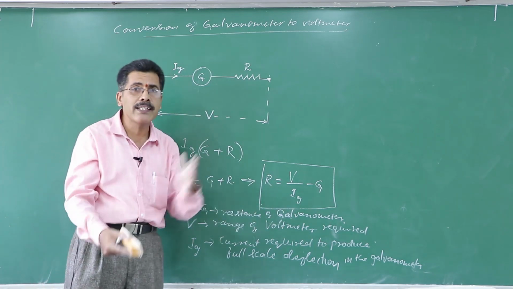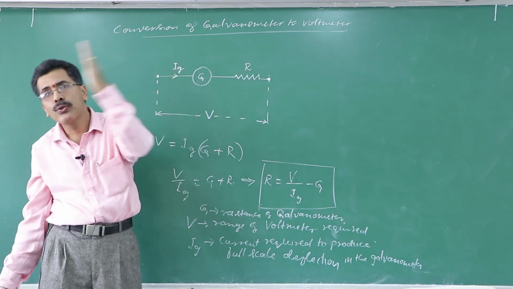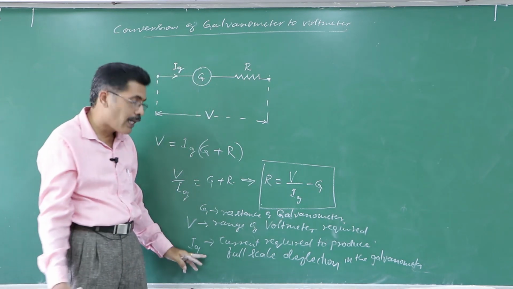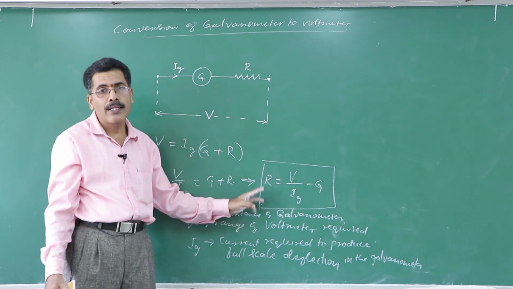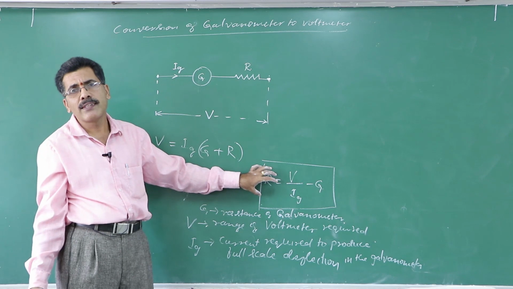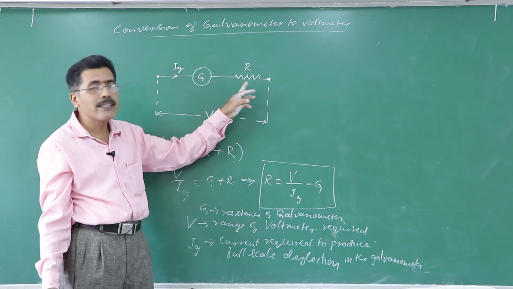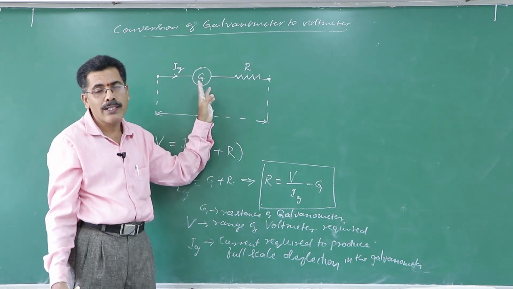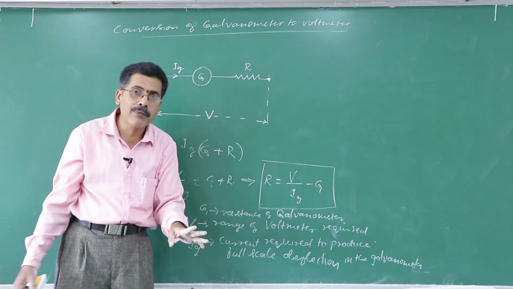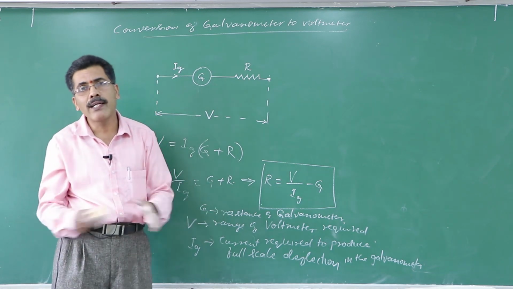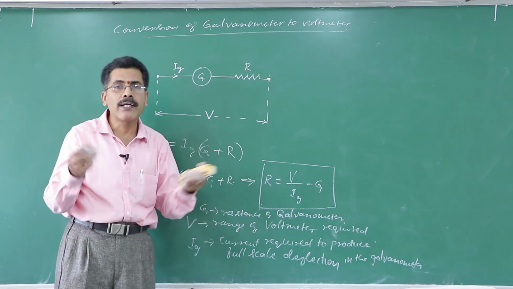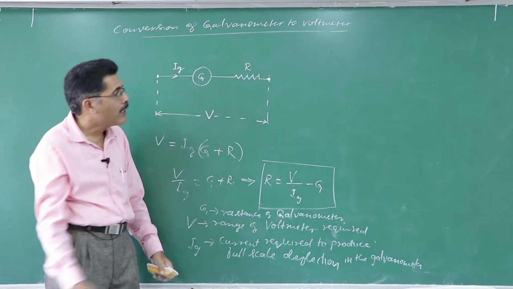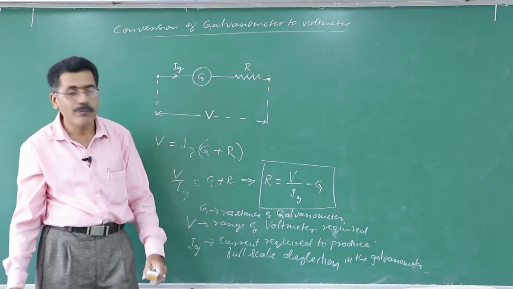Putting all these values, calculate the value of R. Then connect that resistance in series with the galvanometer, and it behaves exactly like a voltmeter. You can compare this with a standard voltmeter. That way a galvanometer can be converted into a voltmeter.